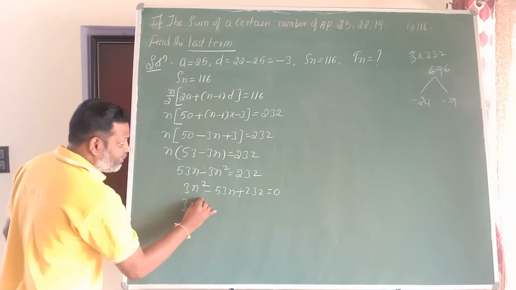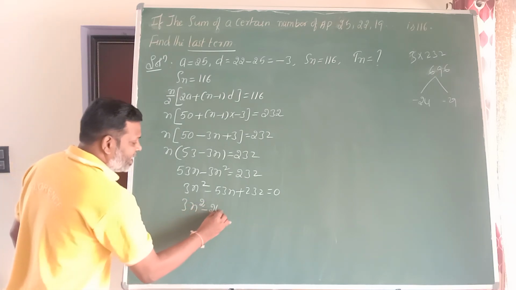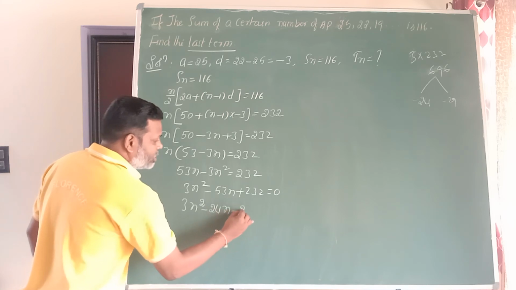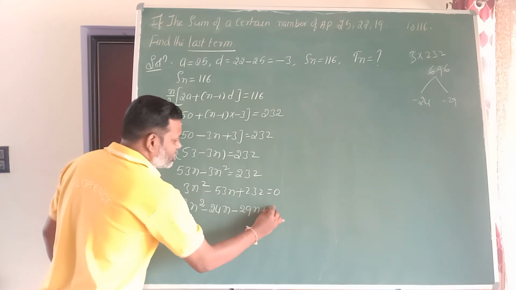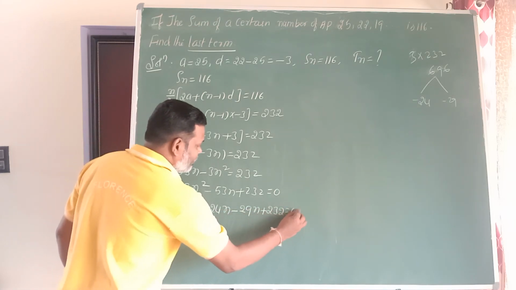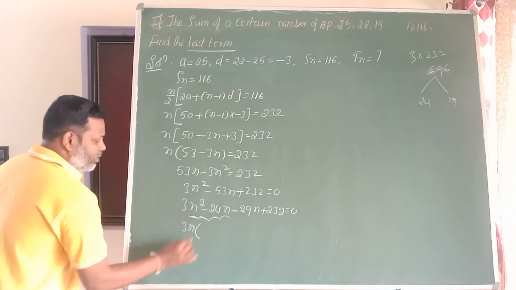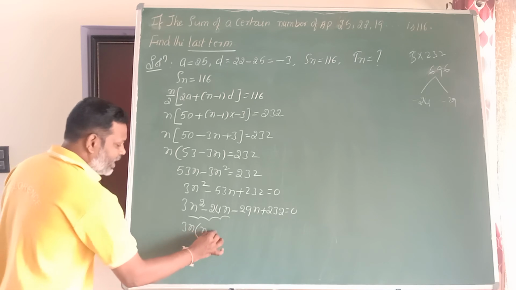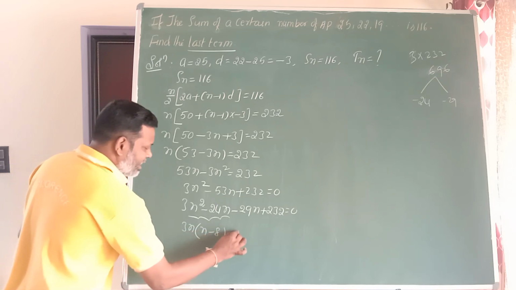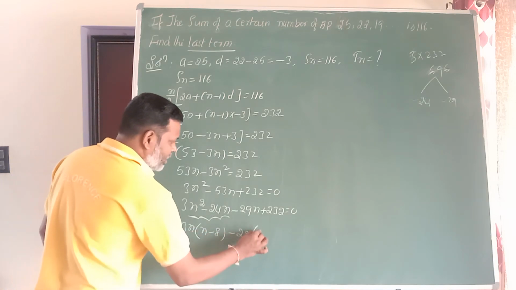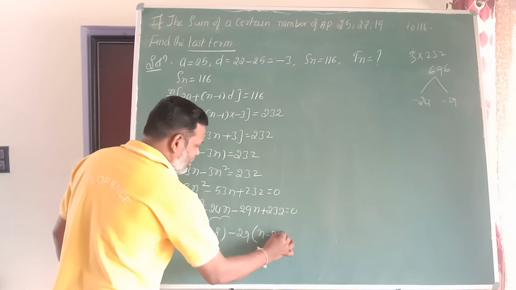3n square minus 24n minus 29n plus 232 is equal to 0. Here from these two terms, I can take 3n common. When 3n is common, we get n minus 8. Minus 29 is common. What will you get? n minus 8 is equal to 0.